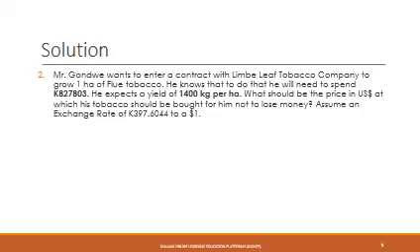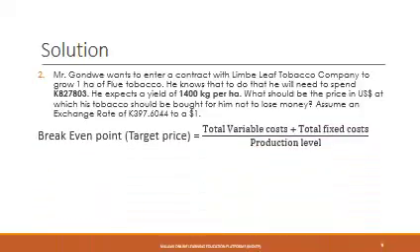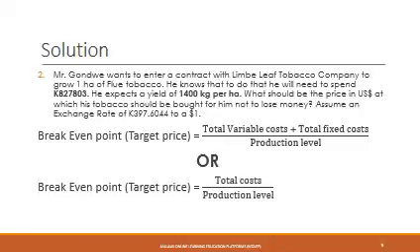So here we are talking of the price. So the proper formula to use is the break-even point in terms of targeted price. So the formula is total variable cost plus the total fixed cost divided by production level. Or we can also use this formula: break-even point per target price is equal to total cost over production level.